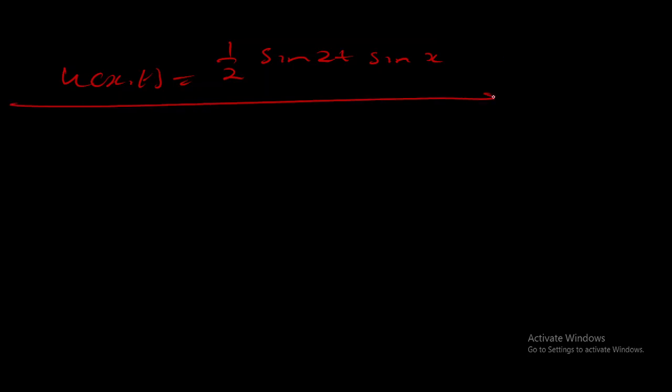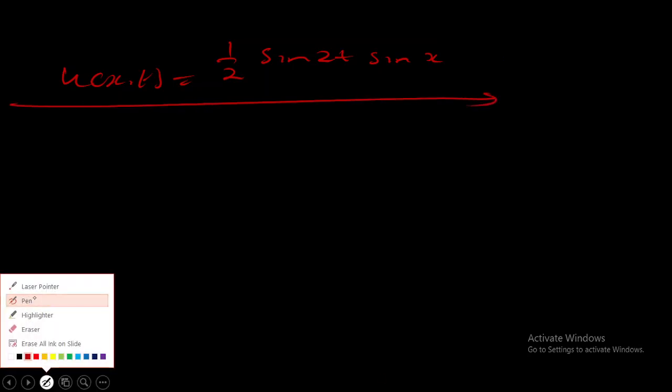So our function is u of xt, which is equal to 1 over 2 sine of 2t times sine of x. So this is the final answer for the wave equation.